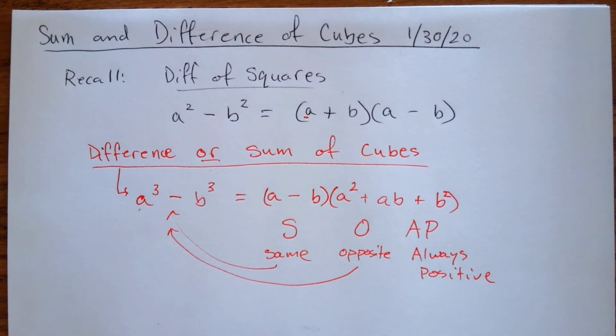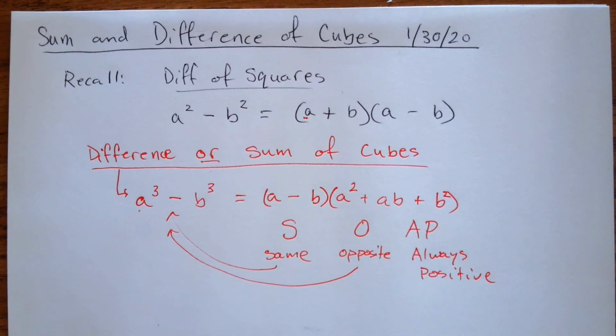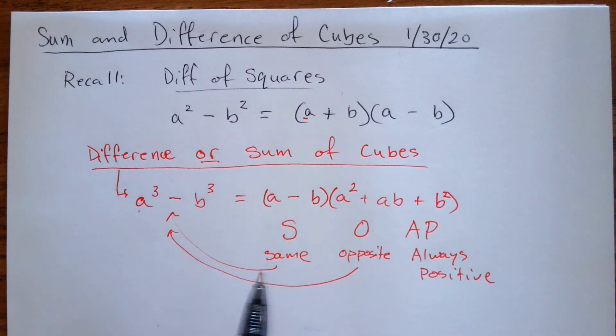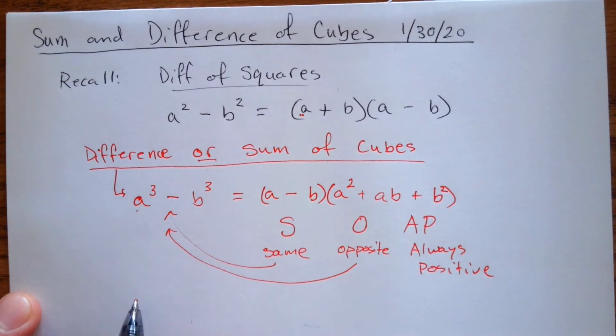Same, opposite, always positive. I'm going to run through that all over again, except instead of a difference, I'm going to have a sum, but the SOAP method, the SOAP idea, or I guess acronym, still helps you write down the formula. So that was a difference of cubes.